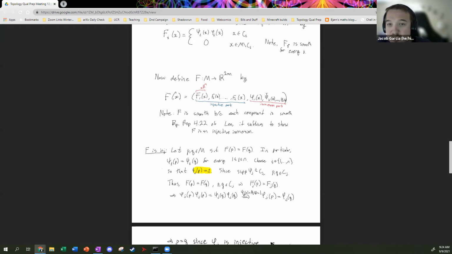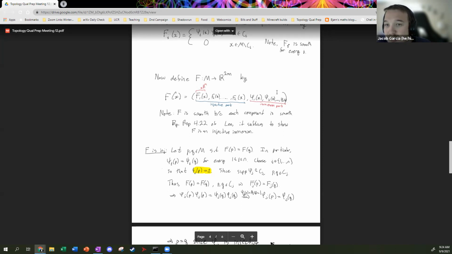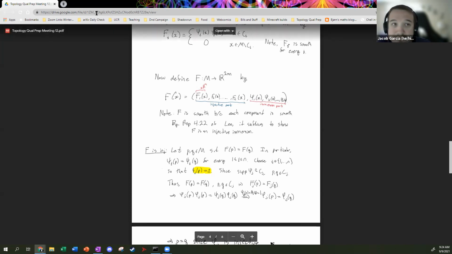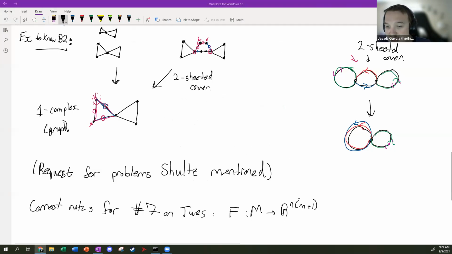Their image is not R^m. The image of all of these things is R. So I have n copies of R^m, and then I have n copies of R. So I get n times (m plus 1).